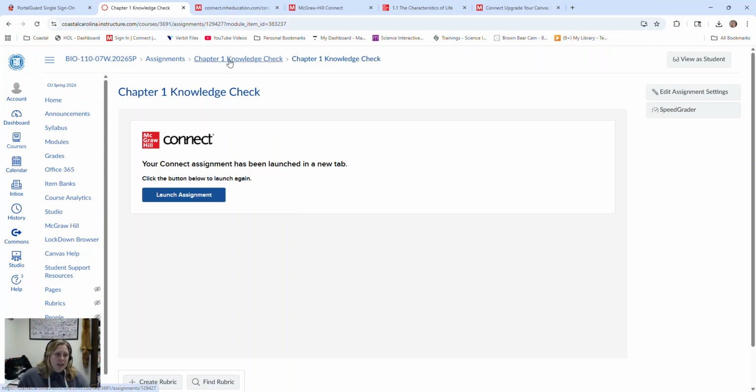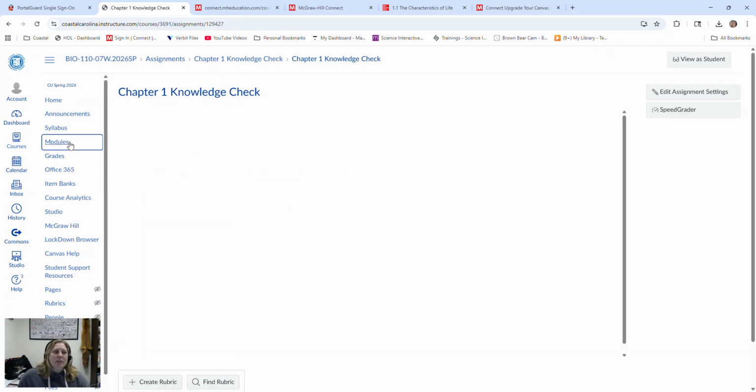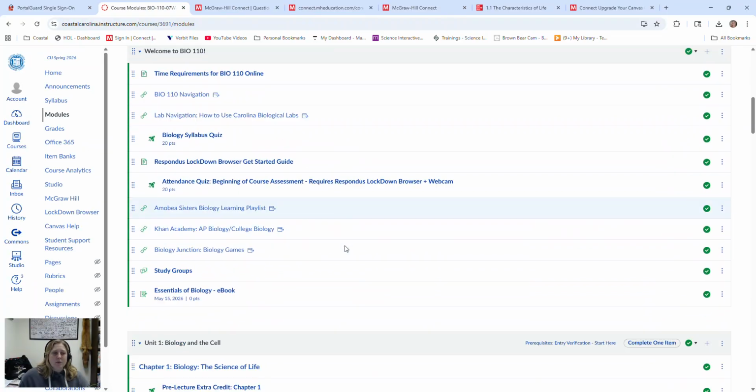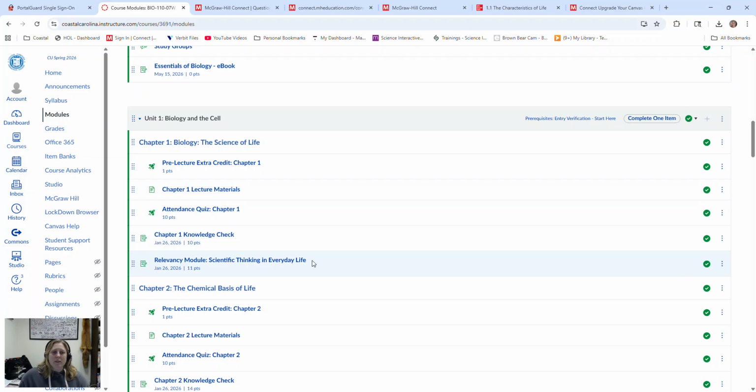In addition, the way that due dates work for this class, for these knowledge checks and relevancy modules, you should do them the day that you do the lecture material. So if you do chapter 1, you should do that chapter 1 homework. It's bundled into that hour and 15 minutes or hour and 30 minutes that I would expect you to spend on the class.